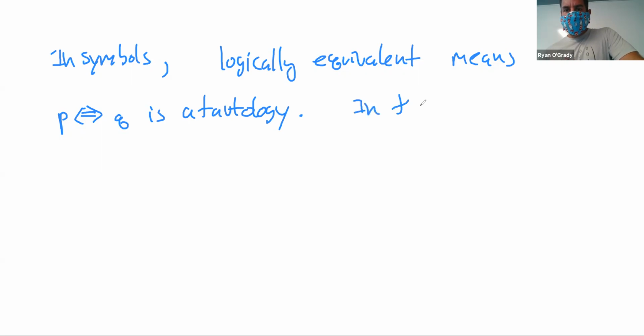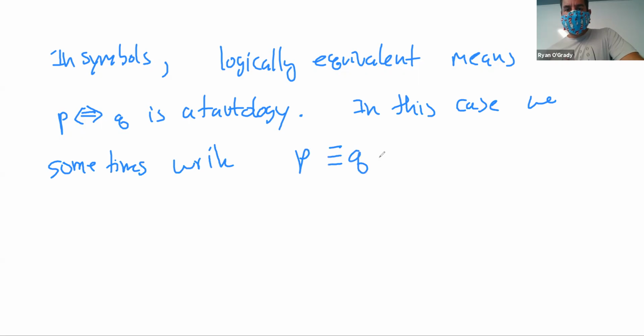In this case, we sometimes write P with three bars, not an equal sign. We usually call that an equivalent sign. Notice I say in this case we sometimes write. Not everybody uses this notation. I believe your book does that. Does anybody have a question about this? I know we hate definitions, but they're important.